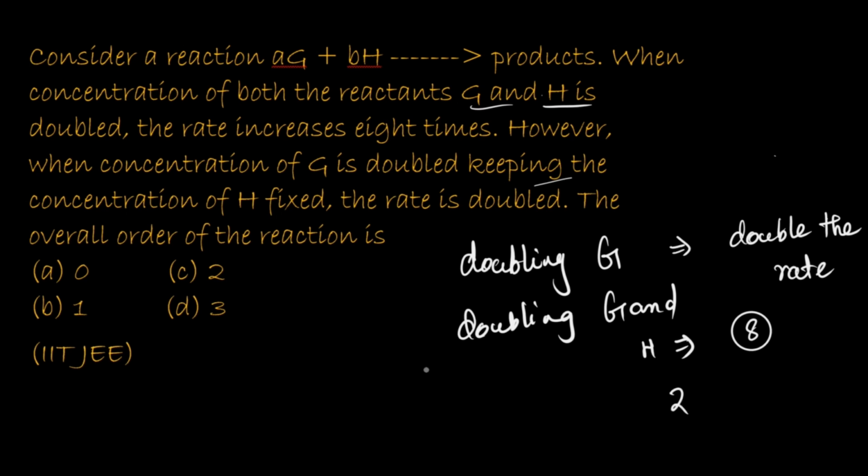Because 2 for G, and 2 to the power 2, that is 4, and 4 into 2 is 8, which means it is second order with respect to H. So for H it is second order, and for G it is first order. How can we write the overall order? First and second, the total becomes 3. So the answer to this question is option D.